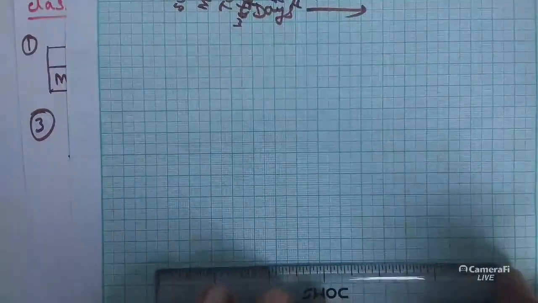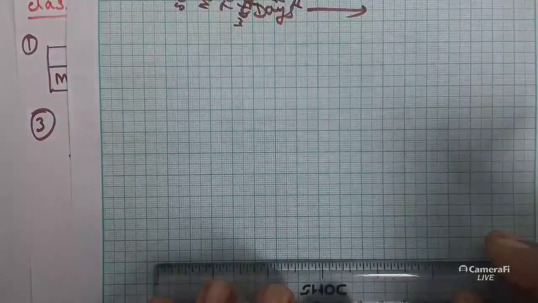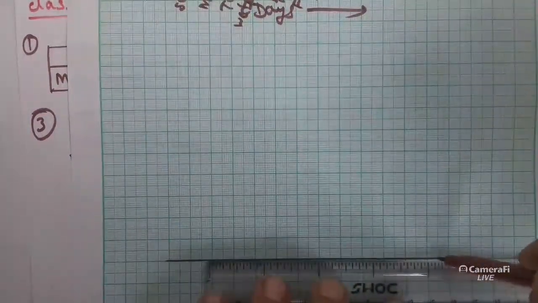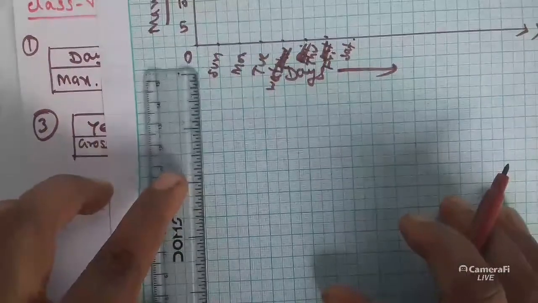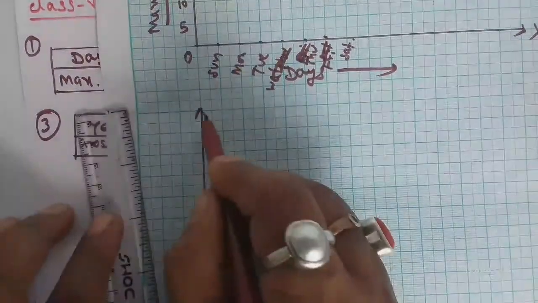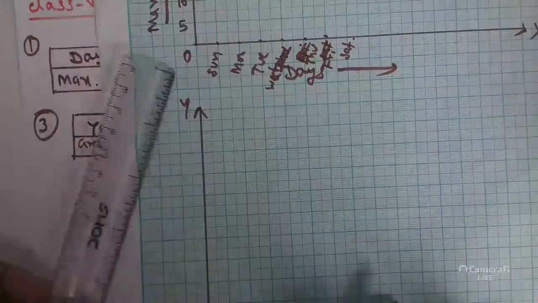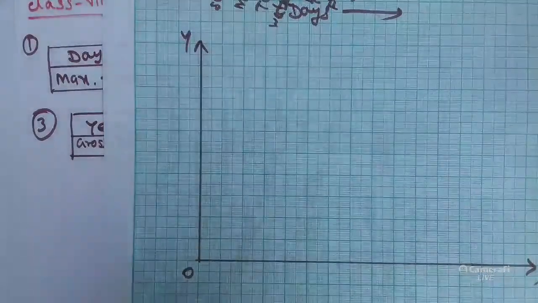So at first we have to draw x axis and y axis. This one is x axis and this one is y axis. Now along x axis we have to take years.